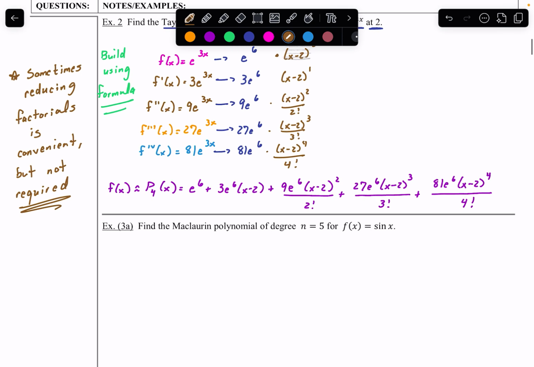Right, so let me explain to you what I mean by that. This 4 factorial is a 24. Sometimes, like especially if that number was a 24, sometimes I might just reduce those, right? If it was like a 48 or something, it would be really easy to reduce. So sometimes we kind of go through the process of reducing these to see a better pattern. Sometimes we just leave it as is. It's always accurate like this, but sometimes reducing it does make it a little cleaner.